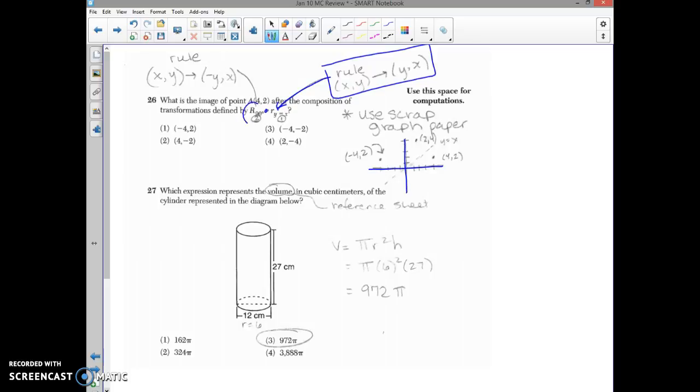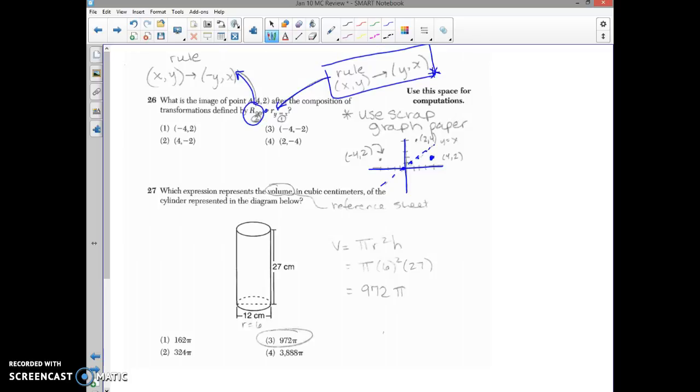You can turn your paper for a rotation of 90 degrees, or you can remember the rule. You graph the point (4, 2), which is right here. If you graph the line y = x, that means (0, 0), (1, 1), (2, 2), (3, 3). That point is reflected. Much easier to use this rule.